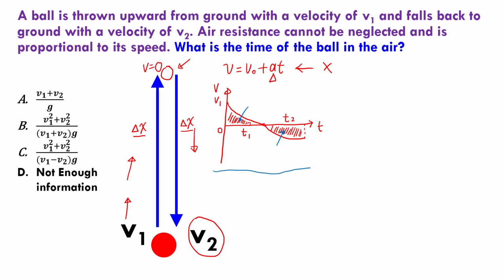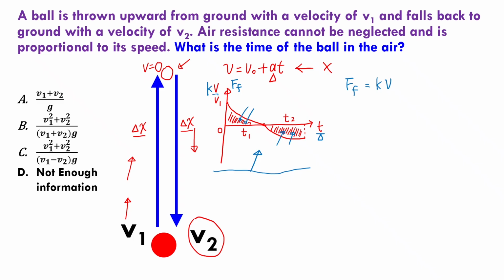We know the air resistance equals a constant times velocity. So if the velocity versus time chart looks like this, what if we multiply a constant k to this graph? The skew might change, but the area under both segments of motion is going to be the same. So basically, we can consider this graph to be the air resistance force as a function of t.